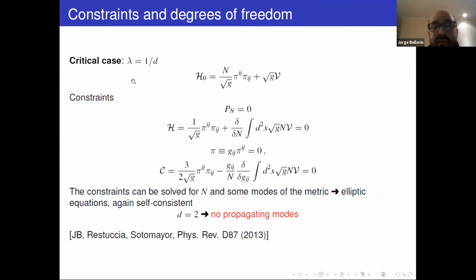But there is also the other possibility, and I'm not going to talk very much about this. This is just a comment that you might sit at this point of the space of parameters, and in this case, you obtain two extra constraints, and the physical result is that you don't have any propagating mode in 2+1 dimensions, exactly as in 2+1 general relativity.